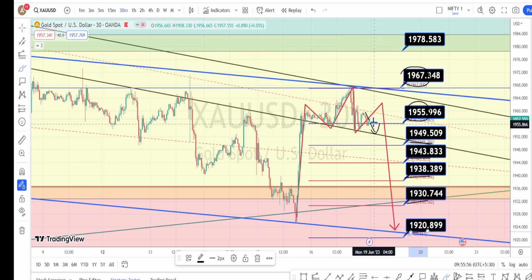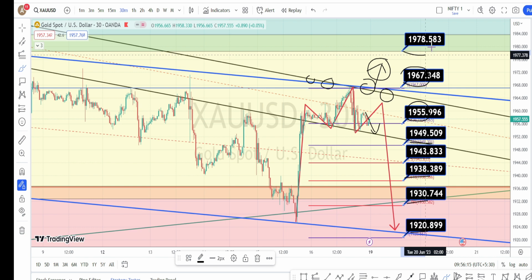And on the bullish side, if the price action breaks this resistance line from the hourly time frame and the daily time frame resistance line, we can expect the price action to continue its bullish side retracement, and next level of resistance is going to be around 1970. And if the price action breaks this resistance level of 1970, we can expect the further continuation of the bullish side retracement. Please refer to the higher time frame resistance levels for the bullish side target.